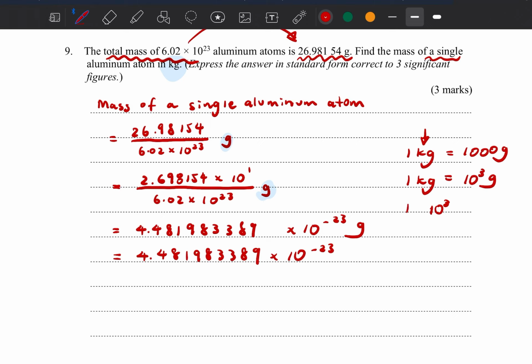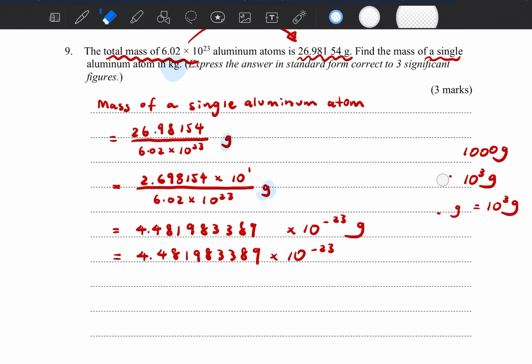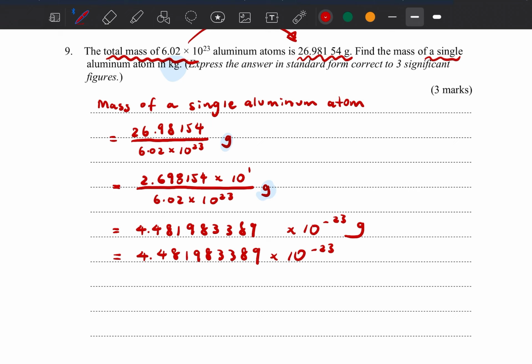So the k is actually this here. Therefore, to go from gram to kg, you don't times 1000, you divide by 1000, or you can say times 10 to the minus 3, and it becomes kg.